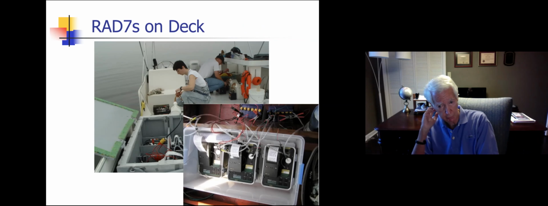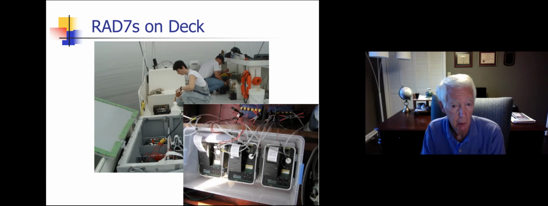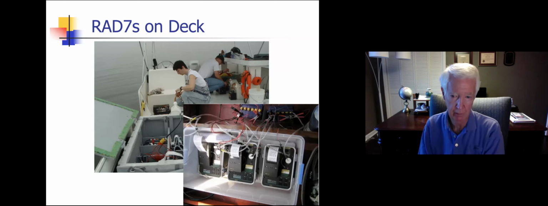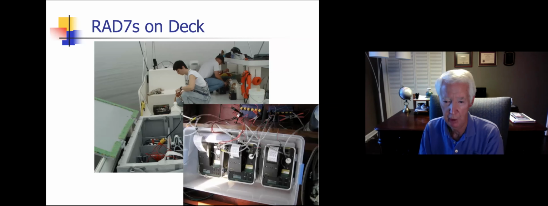And with enough bubble wrap and care, we've packaged these things up and pretty much gone around the world with these systems. 2 or 3 boxes like this include not only the Rad-7s, but submersible pumps and exchangers and drying systems and whatever. One thing you can't easily transport are the batteries, but you can get those anywhere. So it's not really a problem.